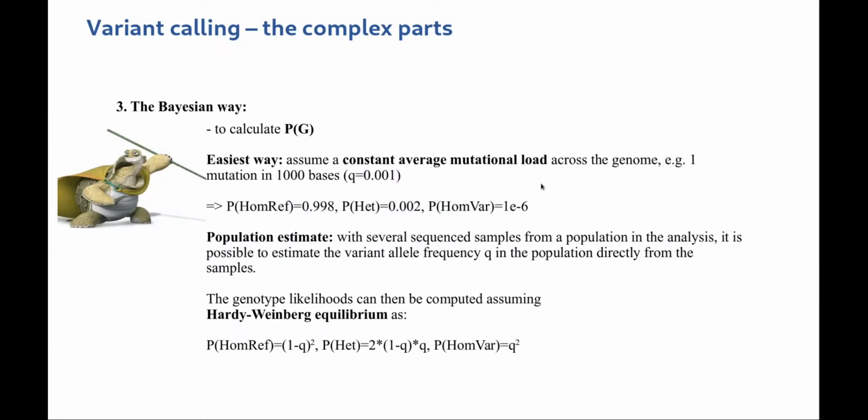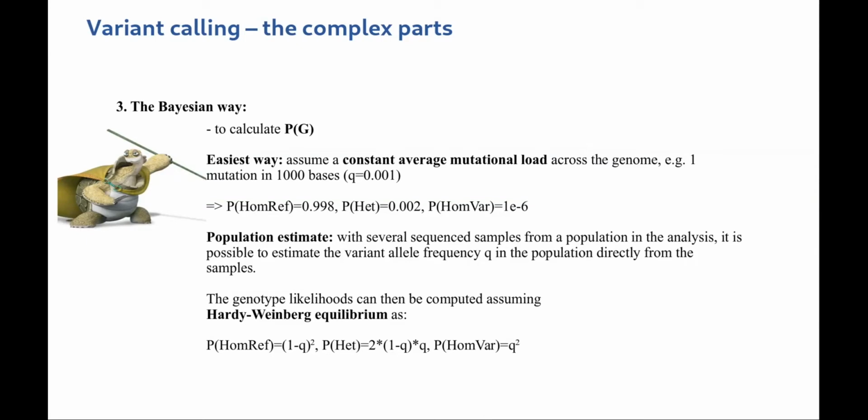And then lastly, you calculate the probability of the genotype unconditionally. And there are two ways to do this. If you have only one sample or a very limited number of samples in your analysis, you simply assume a constant average mutational load across the genome.